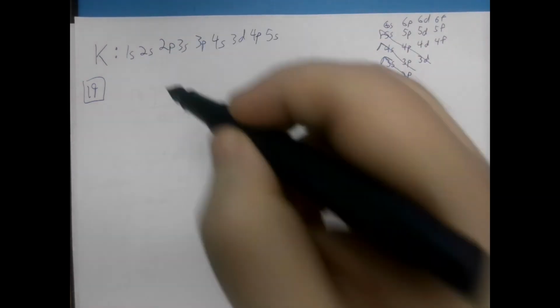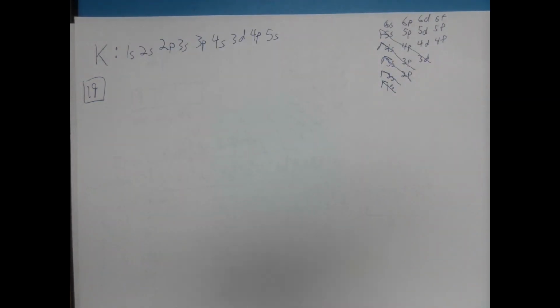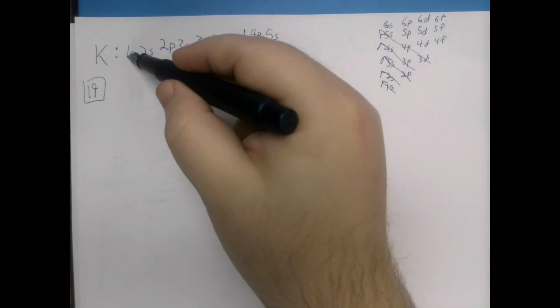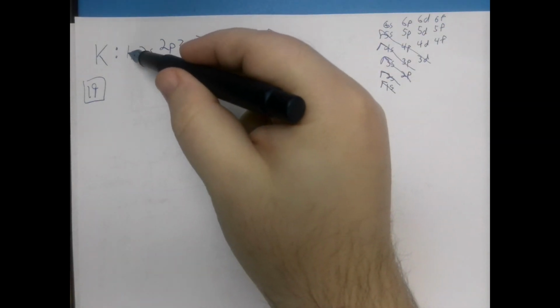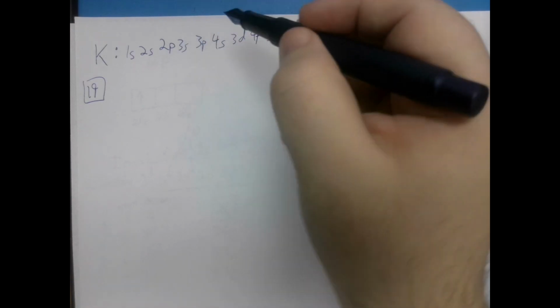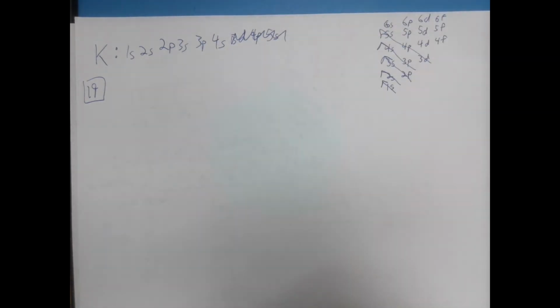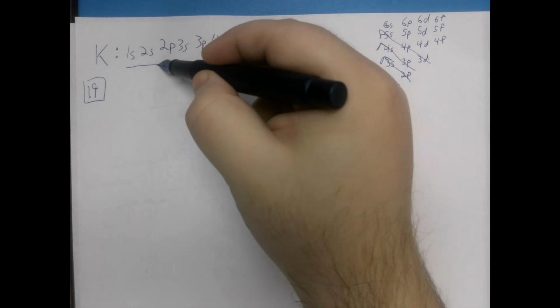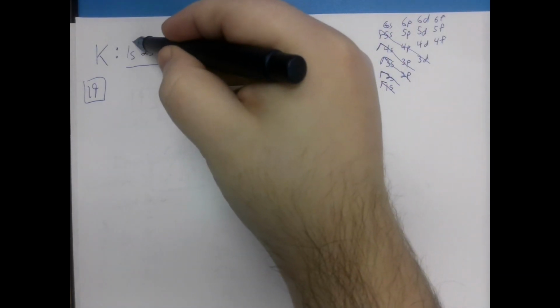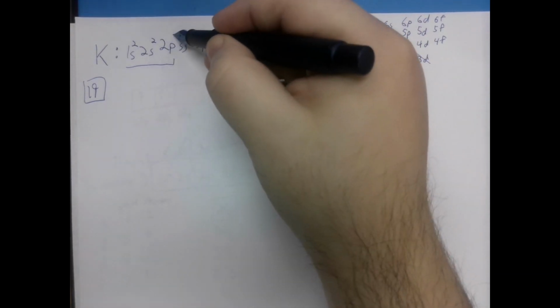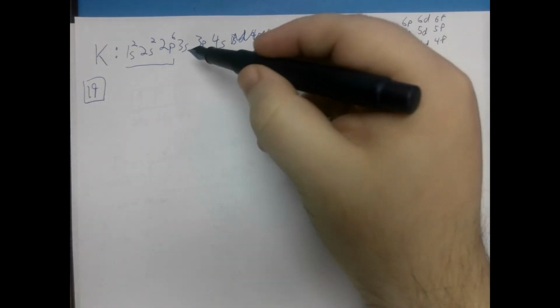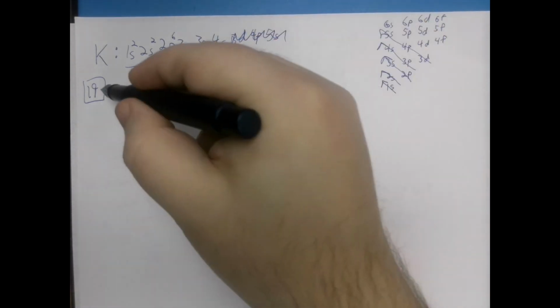I know that the first 6 is 20, so all I need is the first 6. 1, 2, 3, 4, 5, 6. So these I don't need. I know the first 3 can hold 10. So 2, 2, and 6. This can hold 10, but I only have 19.